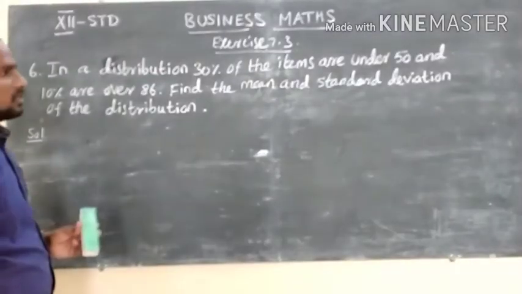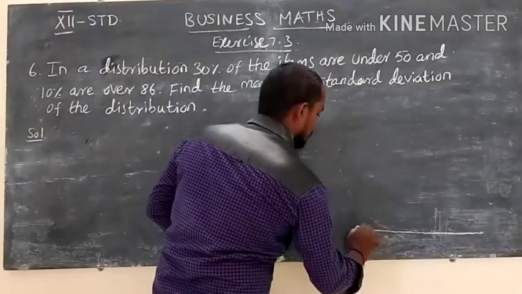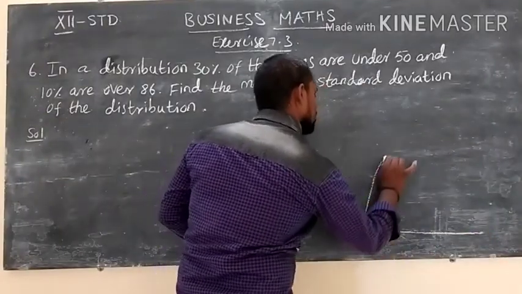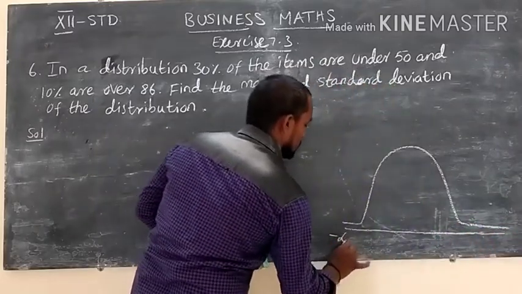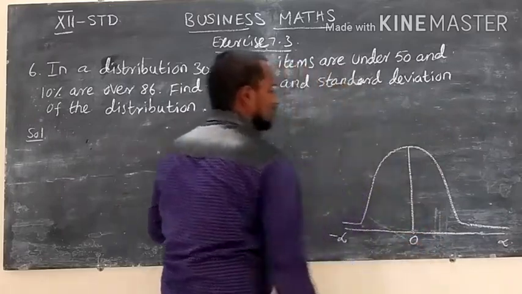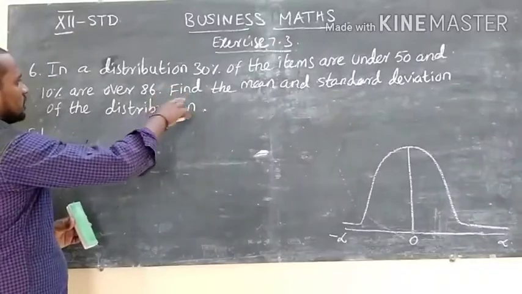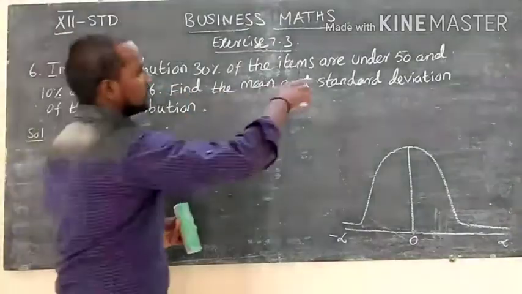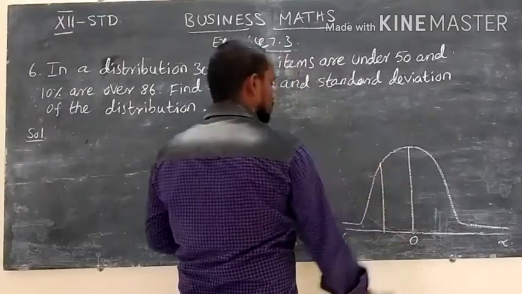First, we'll draw the diagram. Listen carefully. So minus infinity, plus infinity. This is the origin. So 30%, x value is 50 means under 50, below the value 0.